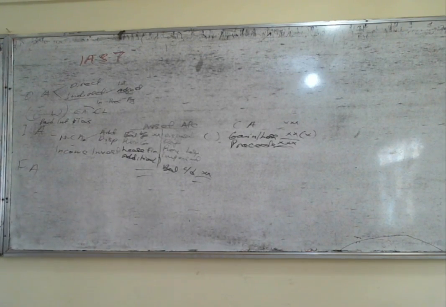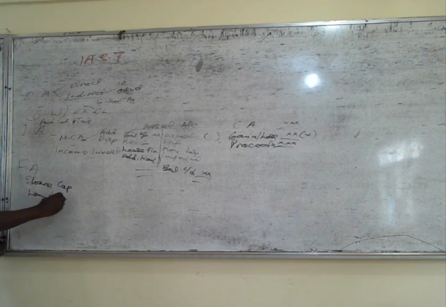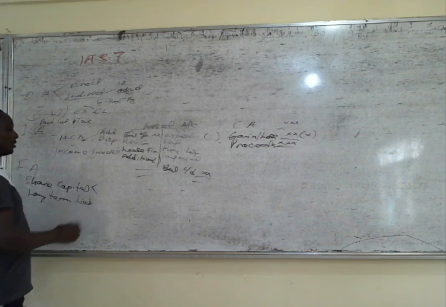Then we go to the last one, which is the financing activity. With the financing activity, it's about the shares or the share capital and the long-term liabilities, where we got our financing for our projects.